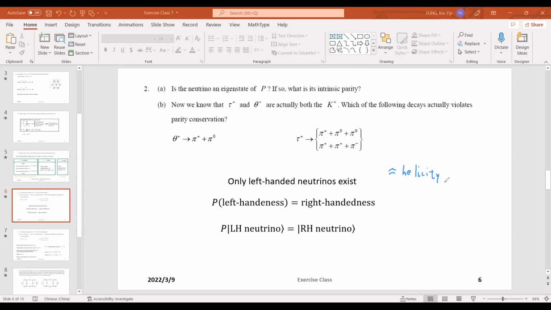I'm not sure. So in the high speed limit, chirality is just helicity, and helicity is just the spin direction projected on the momentum. So we can simply measure the spin and the momentum of particles to determine the helicity and so determine the chirality. I see.